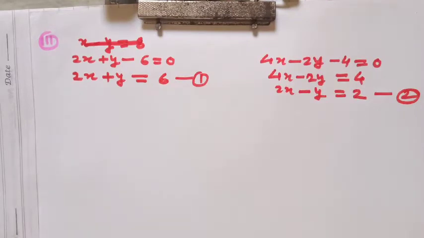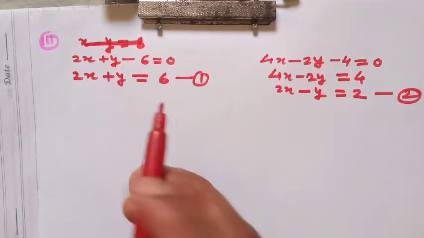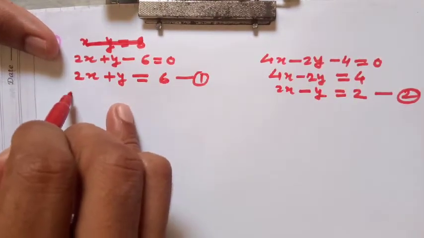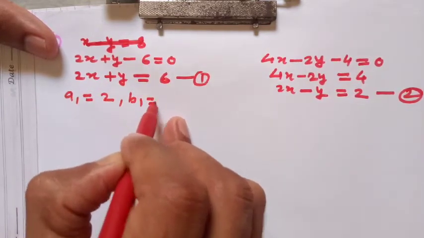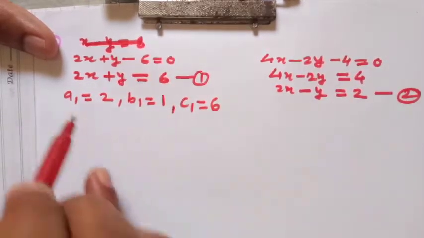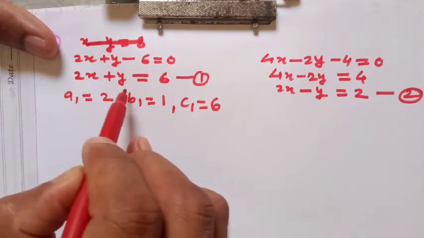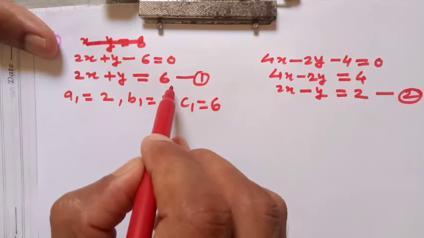Now what is the second step? For finding the consistent or inconsistent conditions, we need the ratio of the coefficients of the variables. So we should get the ratio in this situation. What is a1? a1 is equal to 2, b1 is equal to 1, and c1 is equal to 6. a1 is the coefficient of x, 2, b1 is the coefficient of y, 1, and c1 is the value of the constant term.